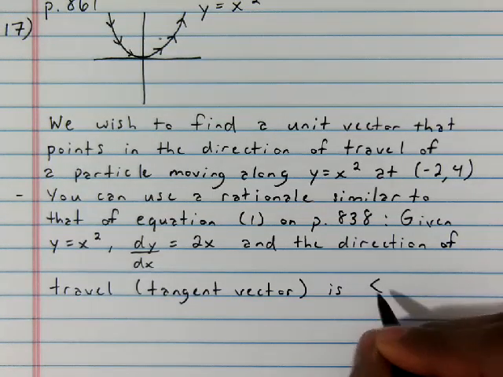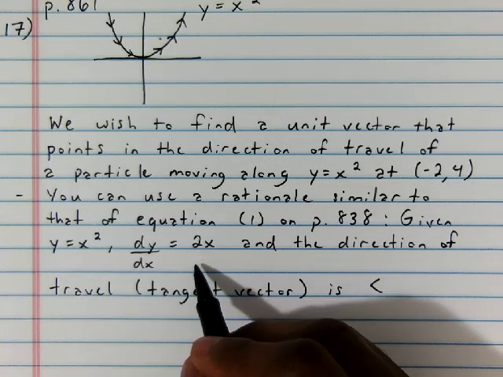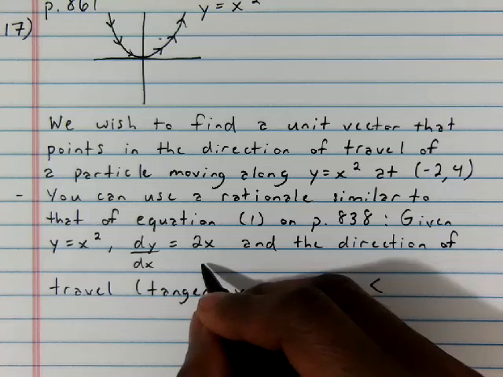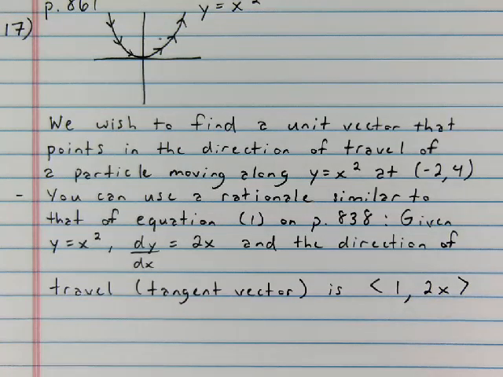This is change in y over change in x. So your x is 1, because this is 2x over 1, and your y would be 2x. That was the same way that I explained that when we were talking about the partial derivatives, and now we're just using an ordinary derivative here and doing the exact same thing.